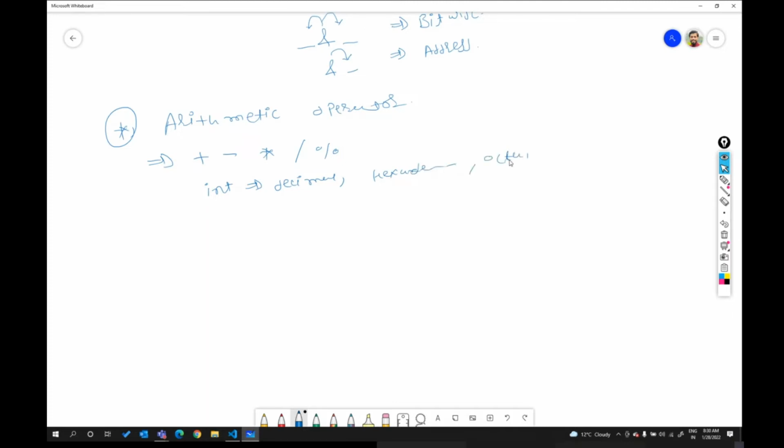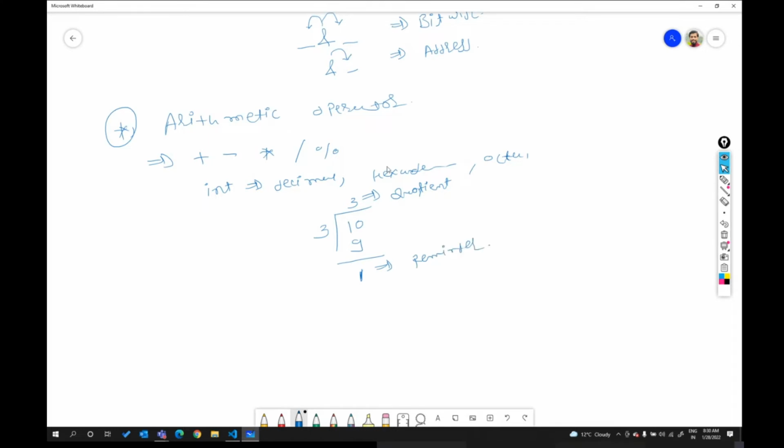It cannot store real numbers. Suppose I do 10 divided by 3. So 3 threes are 9 and here 1. So what is this? This 3 is my quotient and this 1 is my remainder.